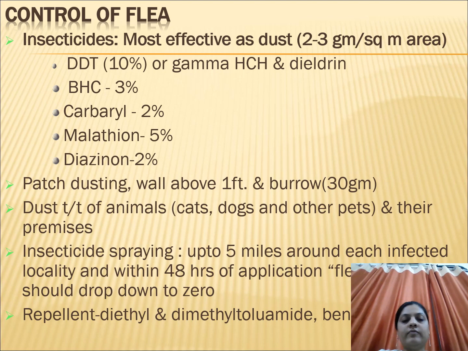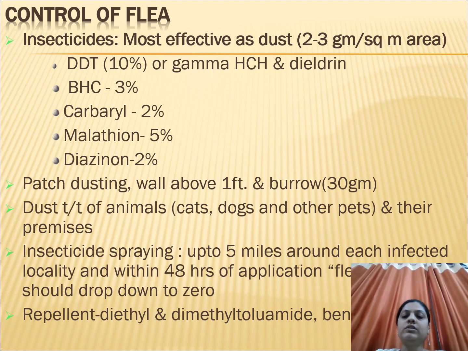Then the patch dusting on all the walls above 1 feet and burrows. Dust treatment of animals, cat, dogs and pets. So all these animals, vertebrate animals in and around the humans, like the cats and dogs, they are dusted using the insecticides like HCH or malathion or DDT.